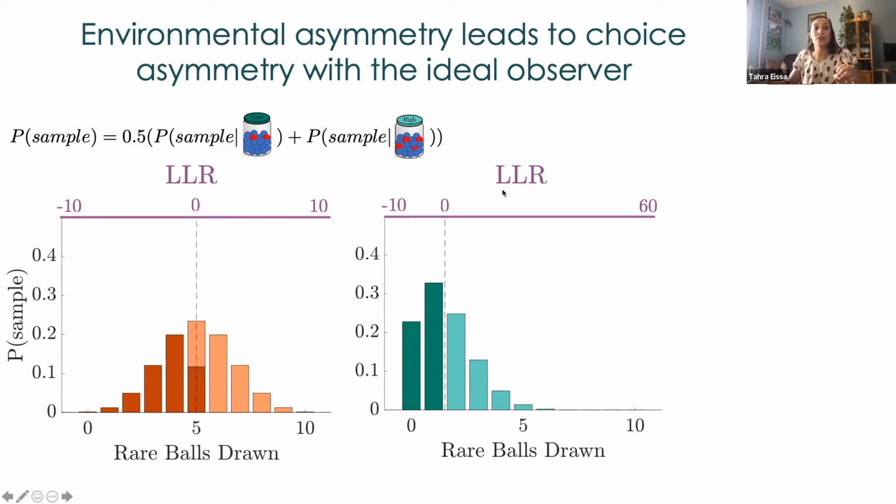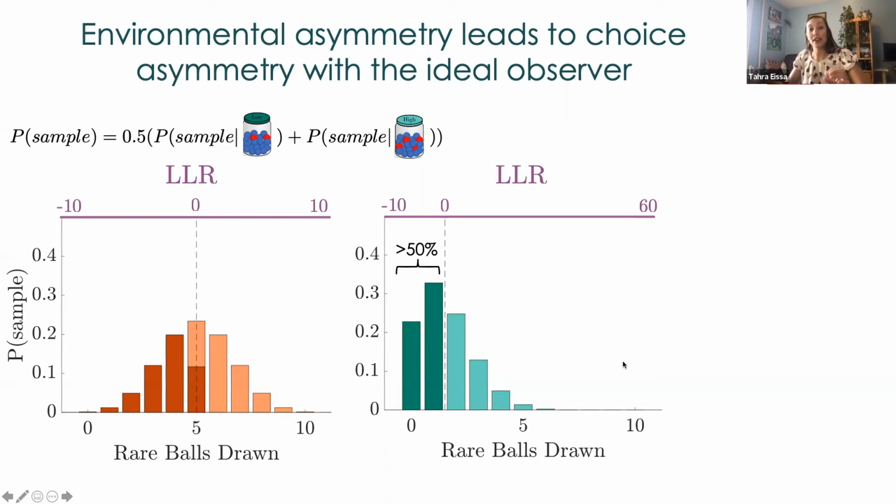We can see this reflected in the LLR. Now 0 has shifted down, and this negative component is much shorter. But what we have to keep in mind is that this component in favor of the low jar is now making up more than 50% of this distribution. And so this is really interesting.